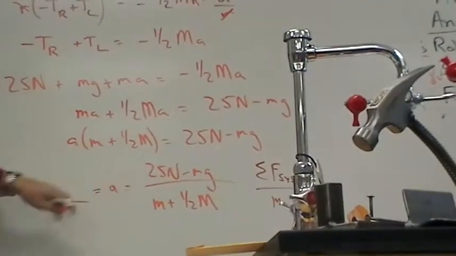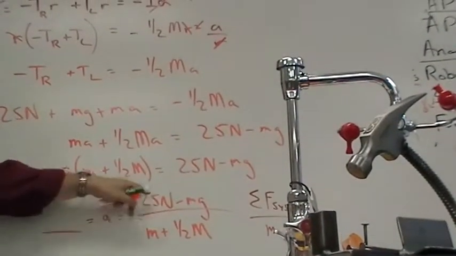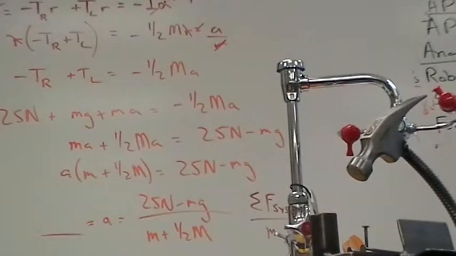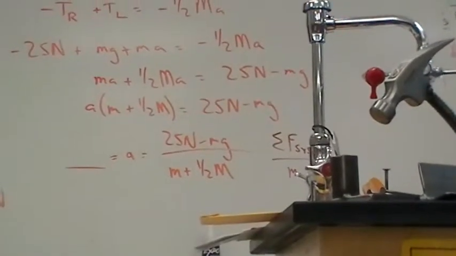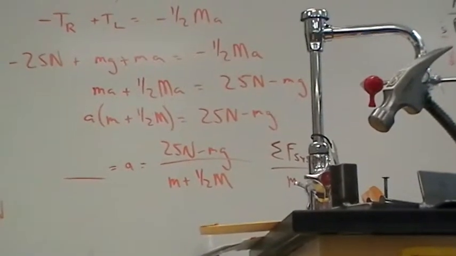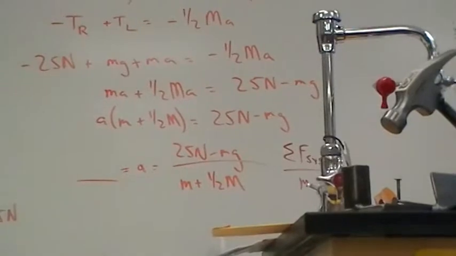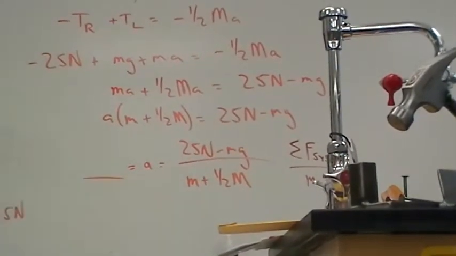On top, 25 newtons minus little mg. The thing on top over there, what is it? It's the net force. That's the force making us go. That's the force resisting it. What do you see on bottom?